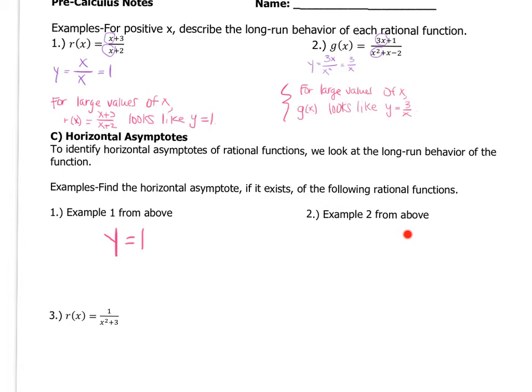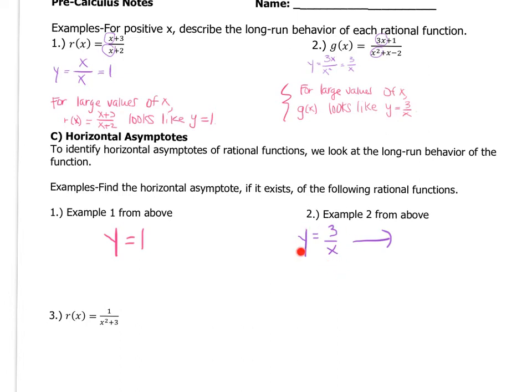Similar type thing for example 2 from above. We are going to look at the long run behavior. The long run behavior of example 2 was y equals 3 over x. But what we need to look at, basically, is the horizontal asymptote of this function.